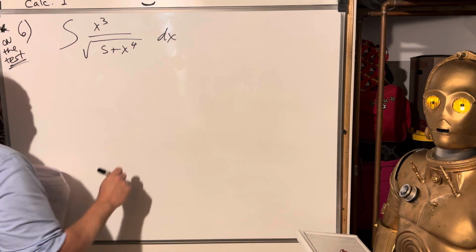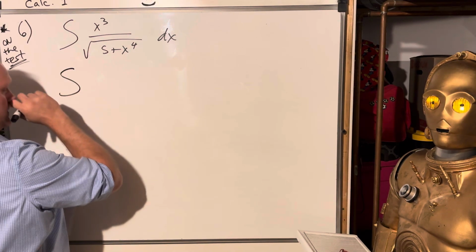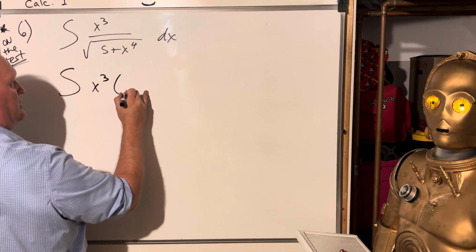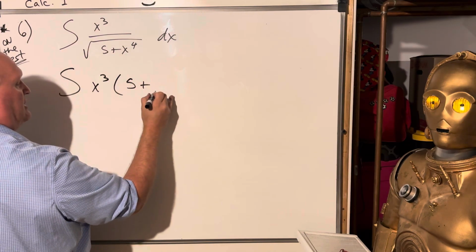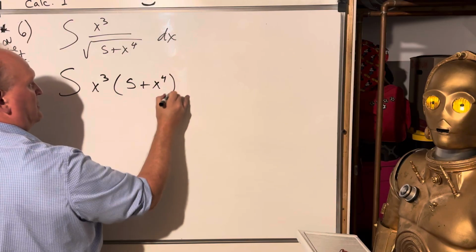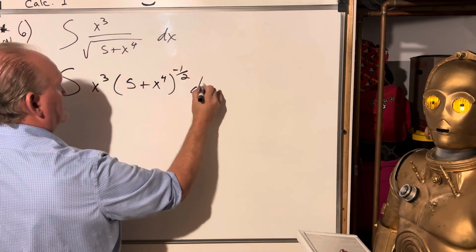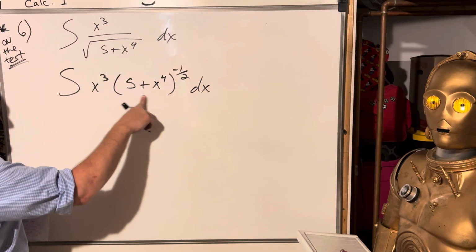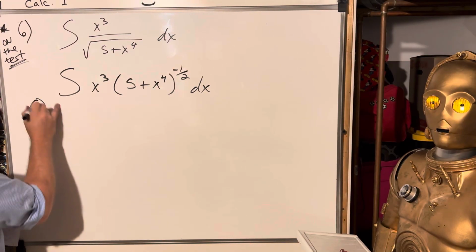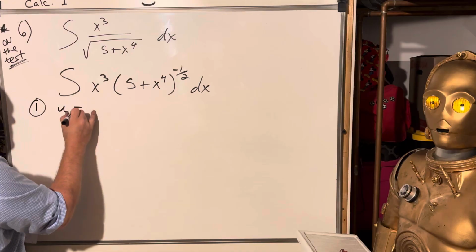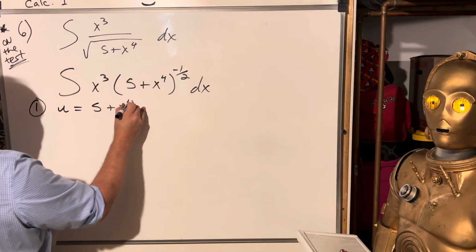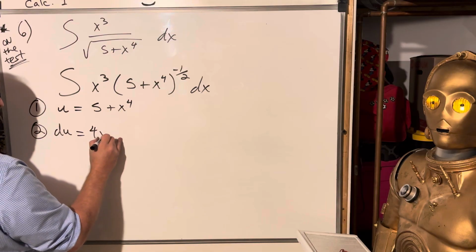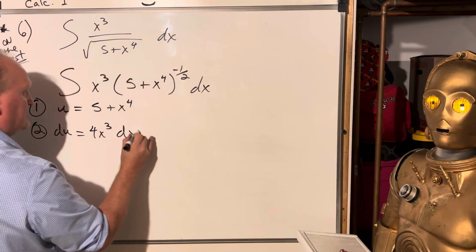All right, so before I even do step 1, x to the 3rd, 5 plus x to the 4th to the negative 1/2 dx. So let's rewrite that as a negative 1/2 power in there. And that makes it a lot easier to say, okay, u is 5 plus x to the 4th. du is 4x to the 3rd dx.